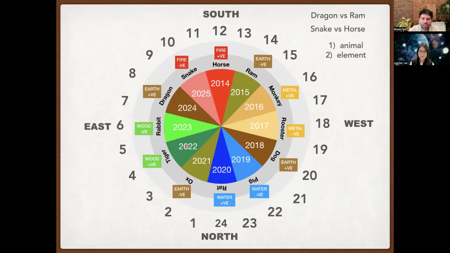For instance, we have the dragon, which is positive earth, and then we have the ram, which is negative earth. How do these zodiac signs take their meaning? Where does the element come into play? I wonder if you could speak about that a little bit.